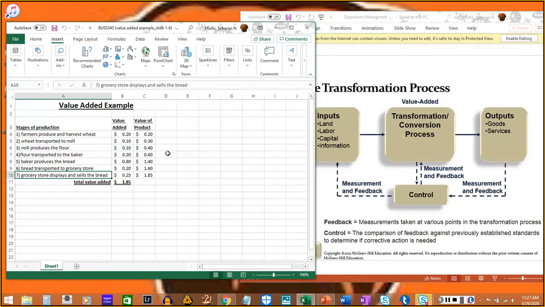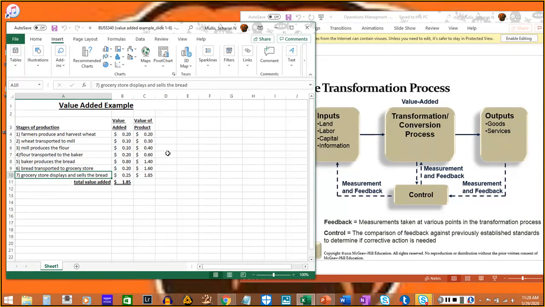So now the last stage is actually the customer getting the product. They're getting a loaf of bread. So with this, the inputs can be, you definitely have your people in the grocery store that work. You have the grocery store itself, which is the land. You have the capital, which would be the shelves that the bread is sitting on. They have the machinery, a little thing that you put the bread on and the conveyor belt or whatever.